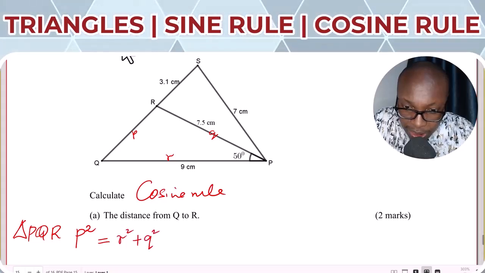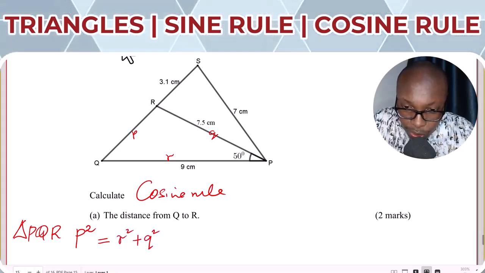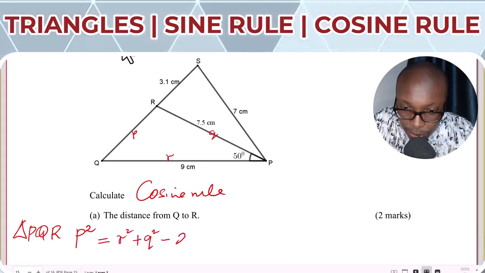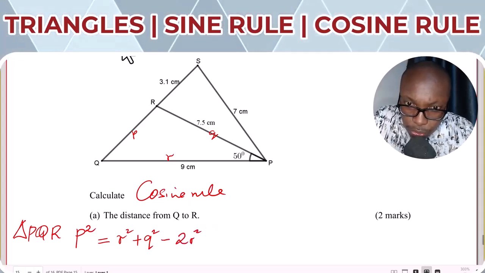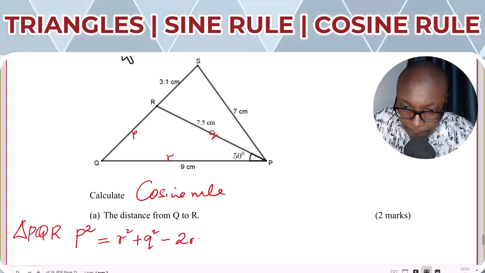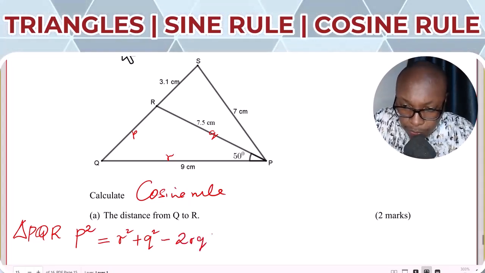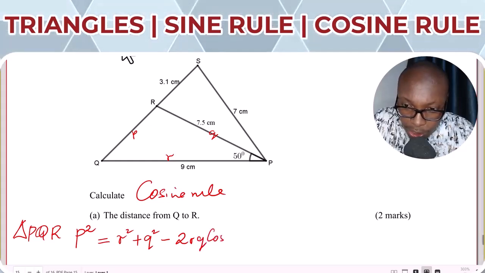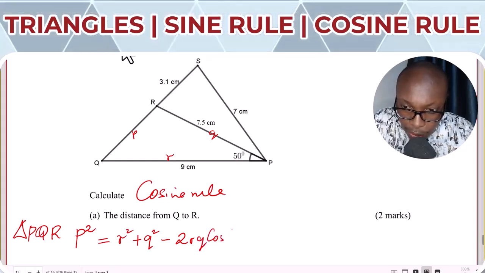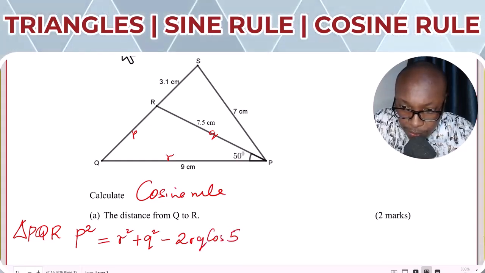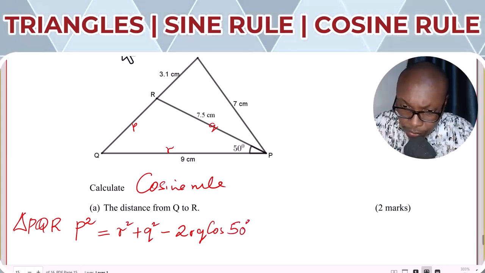That is the sum of the squares of the 2 given sides. Then subtract 2 multiplied by r multiplied by q, then multiply by the cosine of the included angle, which is 50 degrees.